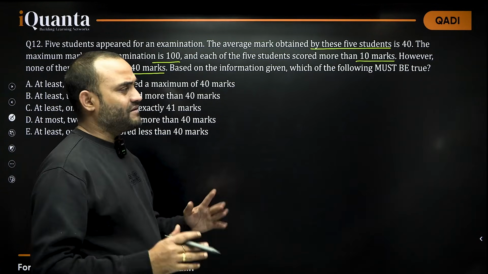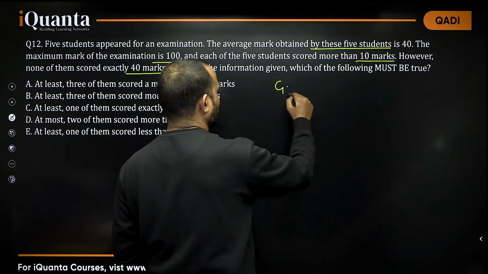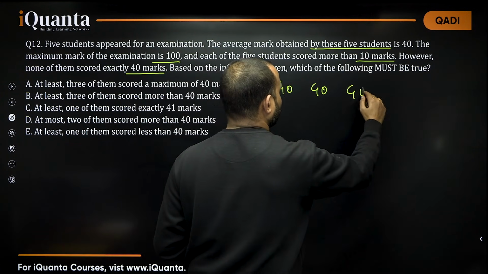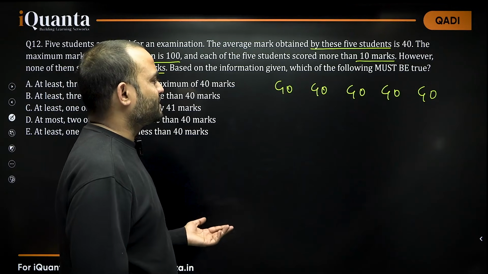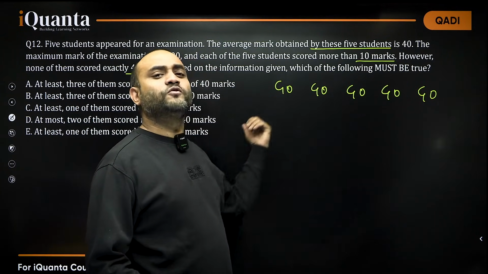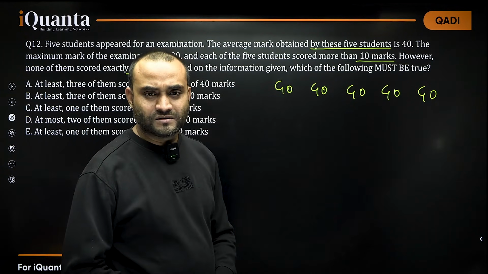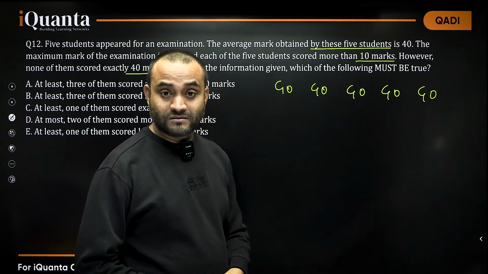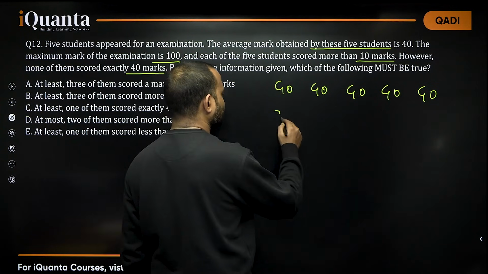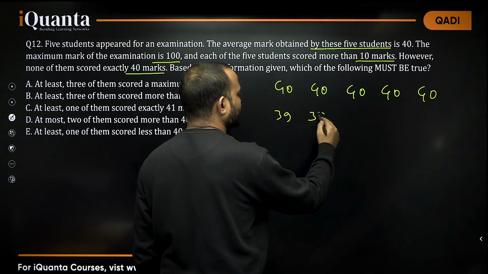5 students, average is 40. 40, 40, 40, 40, 40, right? It's possible that 3 of the values are below 40 and 2 of the values are above 40, or 2 of the values are below 40, 3 of the values are above 40, right? Situation something like this. We can take 39 and 38.